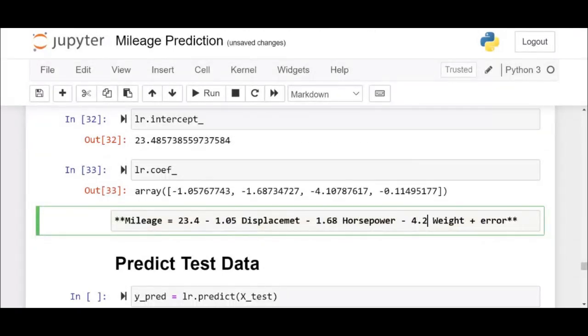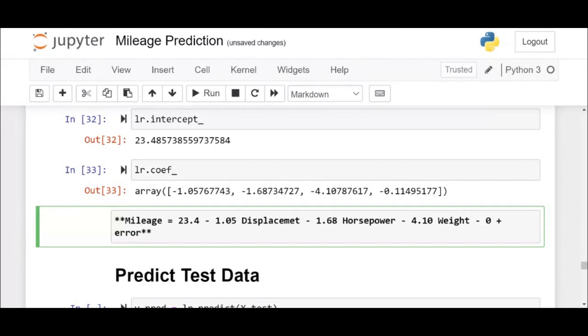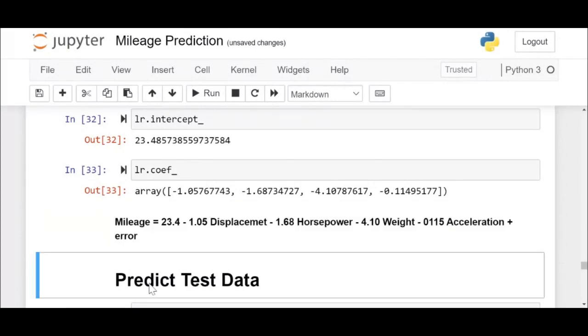Then 4.10 is for the weight of the vehicle, and minus 0.15 for the acceleration, plus error. So this is the regression equation we got for this data set.